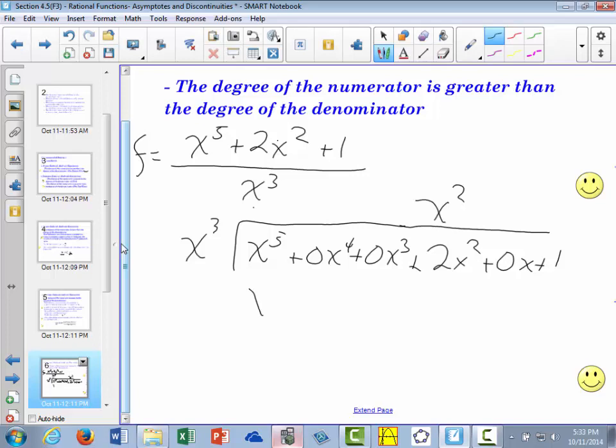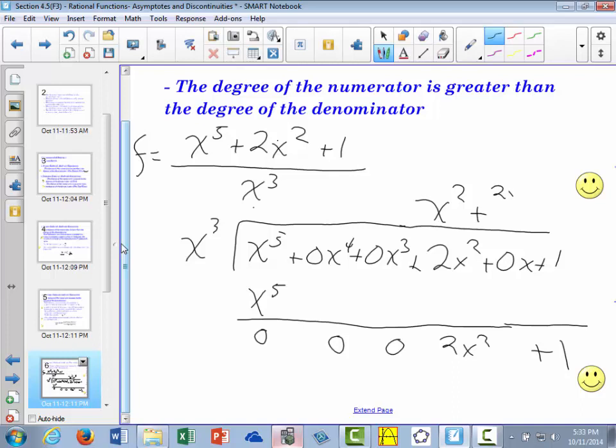And we multiply that back, x to the fifth, and we subtract, and we get 0 here, and 0 here, and 0 here, and 2x squared here. Now x cubed doesn't go into 2x squared, so 2x squared is our remainder, which we could write as a mixed fraction. We also can bring down the 1. So our mixed fraction for this long division would be x squared plus 2x squared plus 1 over x cubed.